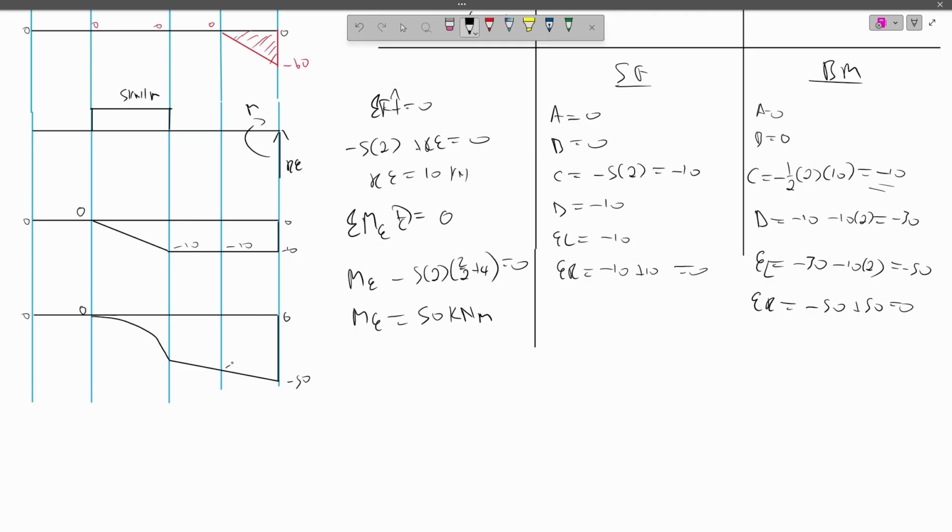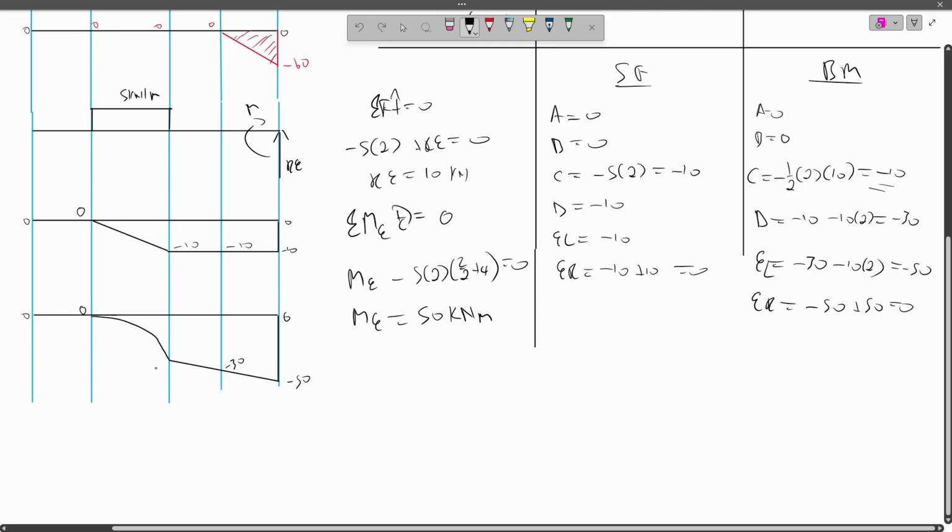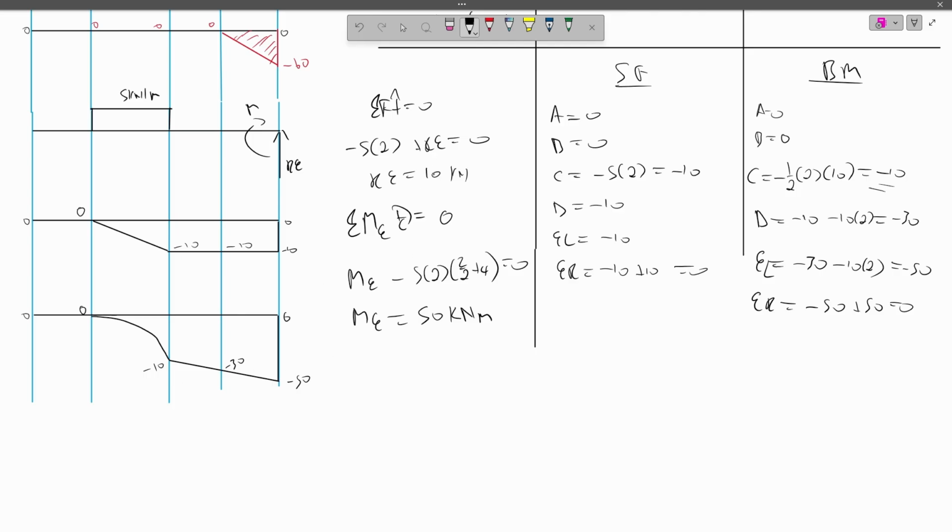Minus 50, minus 30, minus 10. Now these are our bending moment diagrams.